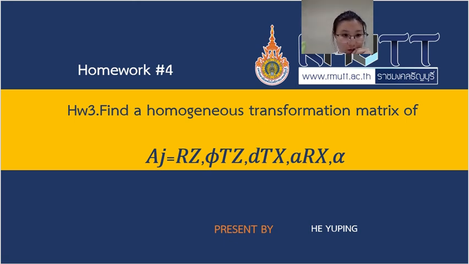I will introduce the homework for number 3. Find a homogeneous transformation matrix of the given method: A sub i equals R z phi, T z d, T x a, R x alpha.